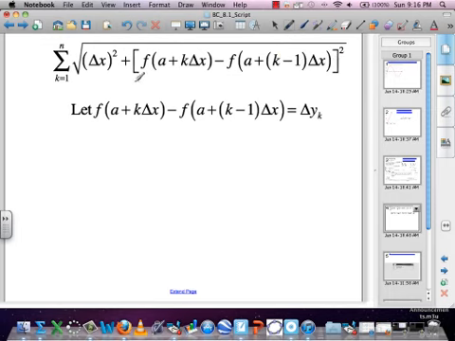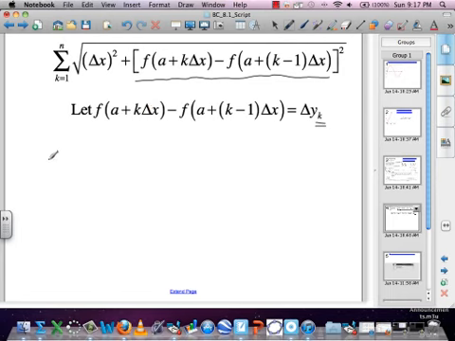Okay, this expression in here is pretty bulky. So we're going to replace it with this convenient little symbol here, delta y, because these are changes in y, sub k. This is telling you the change in y in the kth subinterval. In our example there were 12, but in general, if you chop an interval into n pieces, there are n subintervals, and this is how you would calculate the delta y in each subinterval.